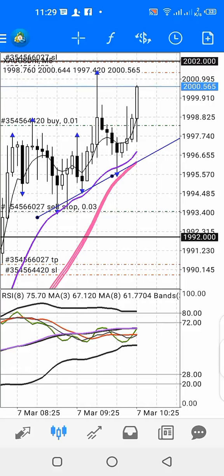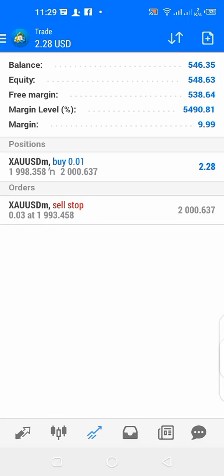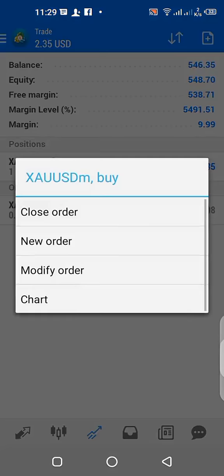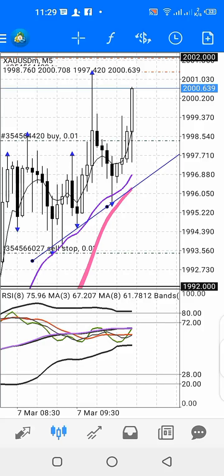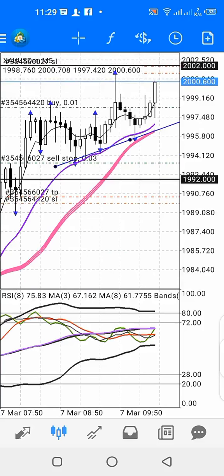So as price goes up and tries to trigger my take profit, that's 30 pips, my pending order is still there.